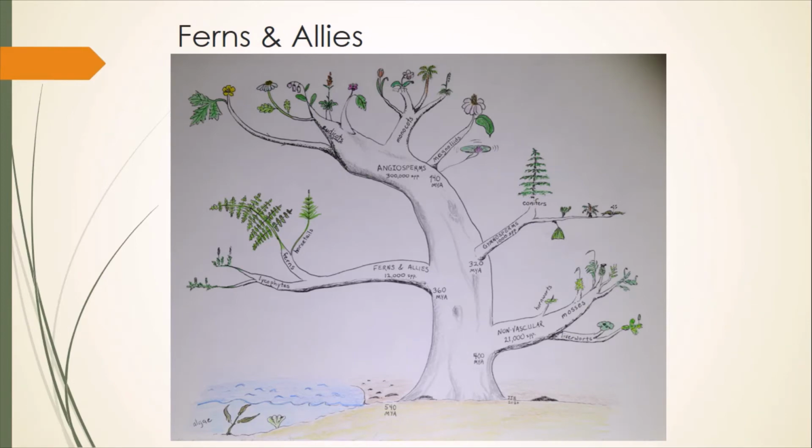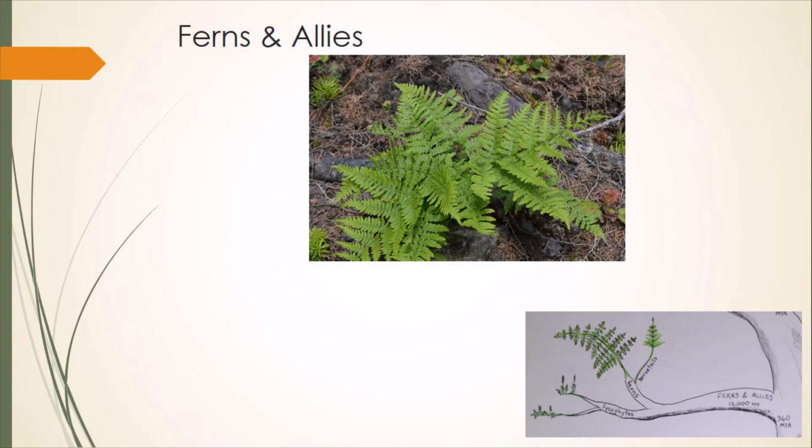So next up we have ferns, and often the rest of the groups are called allies, just things that are related to ferns. So they have a lot of similarities. They produce spores and not seeds, but they do have vascular tissue, and most of these obviously are then ferns. Looking down at our branch here, that's really one of the thickest branches, so the most species.